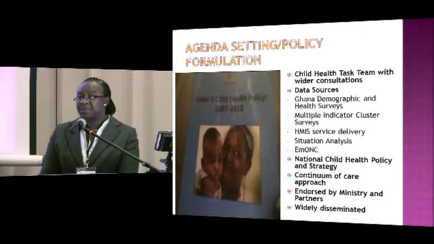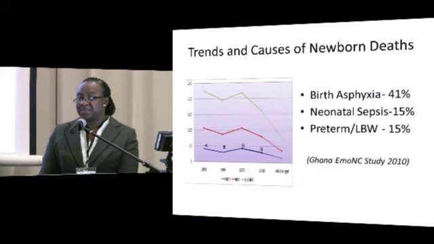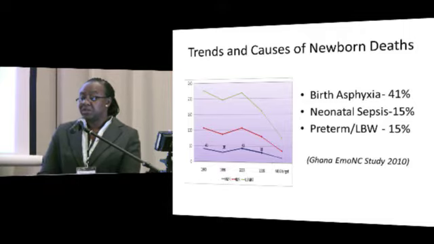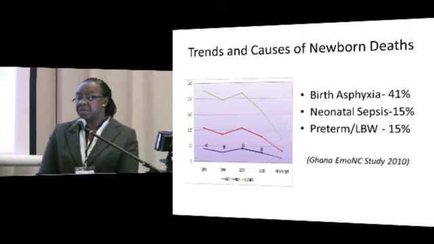And the major causes of newborn deaths are similar to other countries as well, with birth asphyxia being the highest, followed by neonatal sepsis and pre-term or low birth weight babies. And this is from our 2010 EmONC survey.